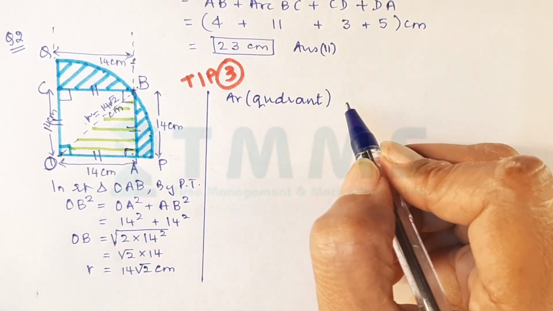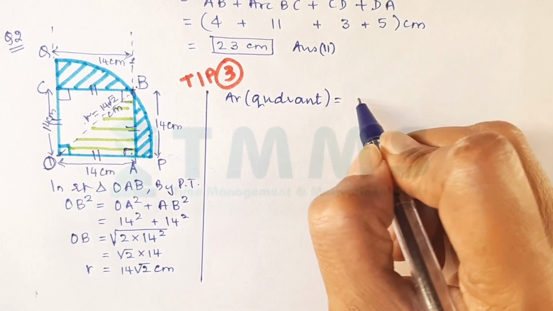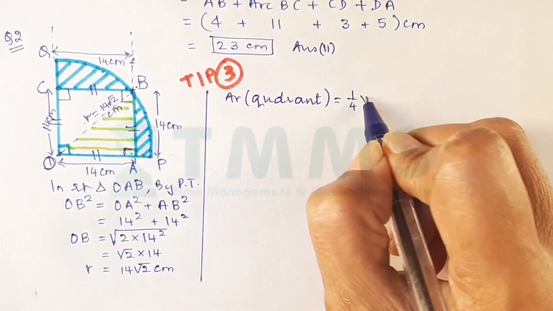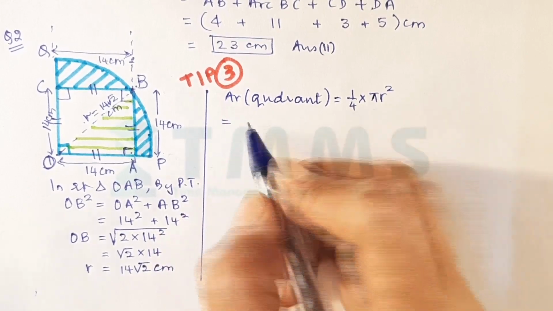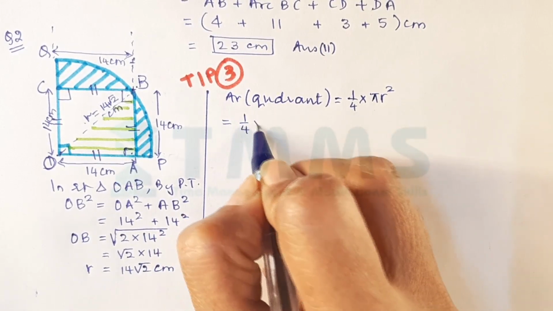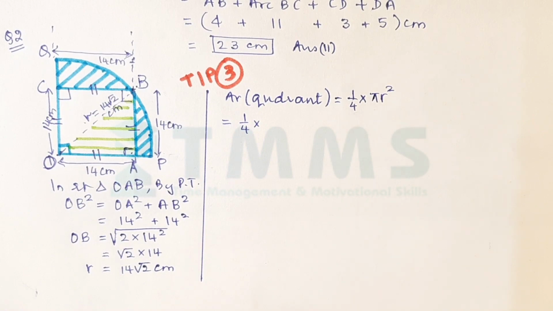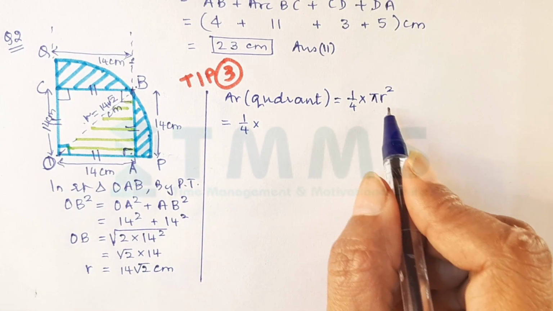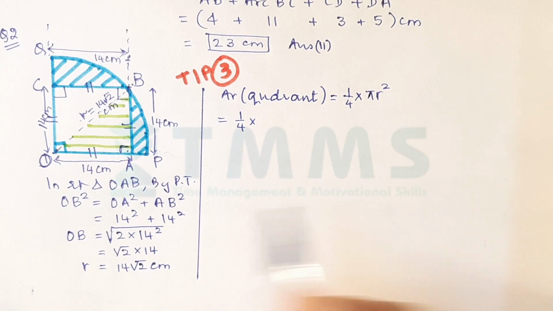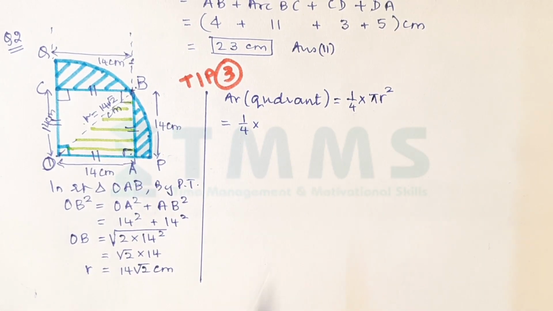Know your formulas, I had told you. So it will be 1/4 multiplied by, very good. You got that? Okay. Now 1/4 multiplied by, what is the value of pi? 22 upon 7. Very good. Now what is the value of r? We just found it. Can we see that? Now I'm giving you time.